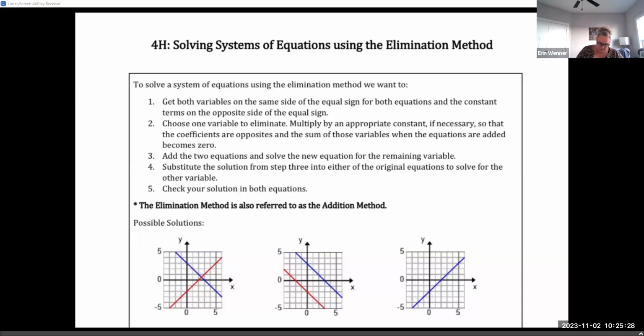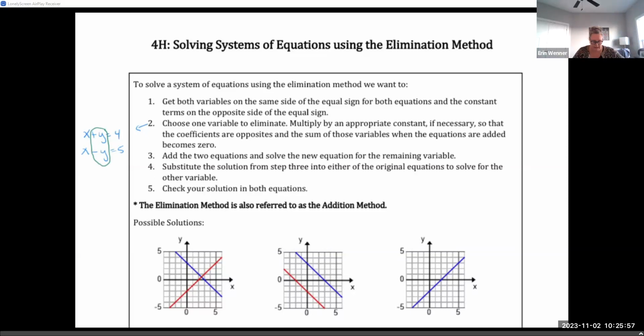So this step right here, step 2, what it's trying to get you to see is, let's say I have x plus y equals 4, and then I have x minus y equals 5. You see how these two variables, the y terms, have opposite signs? One's plus y and one's minus y. What we're actually going to do is vertically add those equations up.